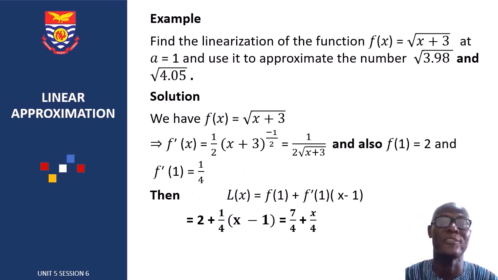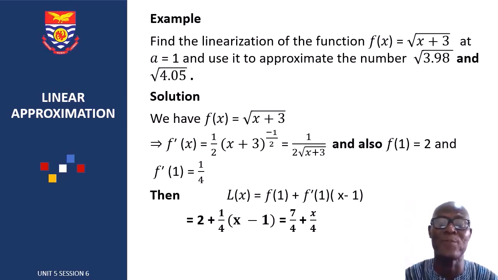Linear approximation. Example: find the linearization of the function f(x) = √(x + 3) at a = 1, and use it to approximate the numbers √3.98 and √4.05. Now, to find the linearization of the function f(x), we first have to differentiate the given function.